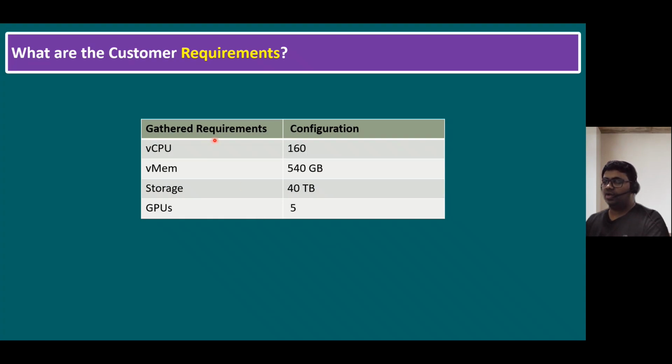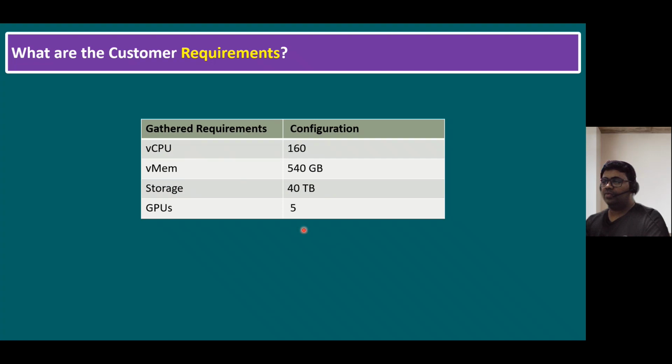Normally when we contact our customer, in the initial conversation they come up with their workload requirement: vCPU minimally 160, virtual machine memory 540 GB, storage approximately 440 TB, and 5 GPUs, graphical processing units. This is the actual customer requirement they gave. They requested us to propose a solution with support for container as a service.